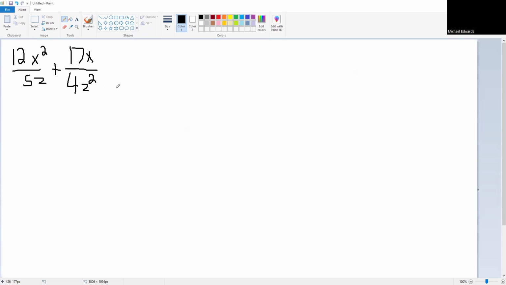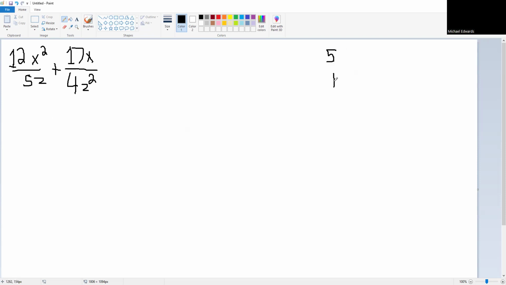Now, first thing we need to do is find the LCD. Notice I'm doing it this way and not the other way. This way is more standard for most math realms, so we'll keep it in this format. We need to find the LCD, and the way we do that is that little chart.